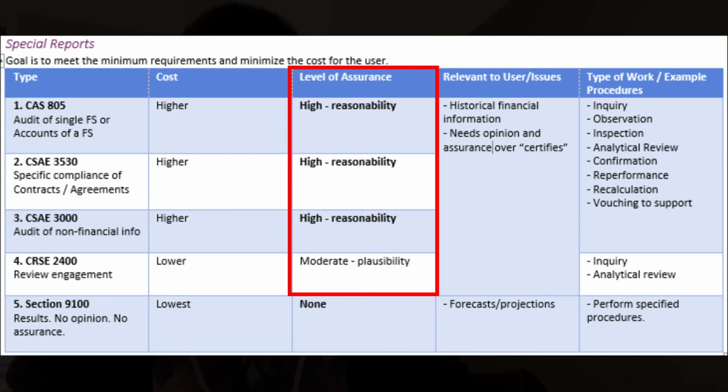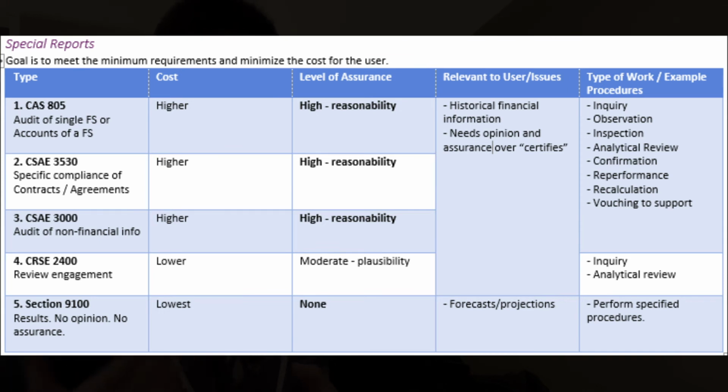For reasonability, the cost is higher. The advantage of plausibility is that it requires less time, less energy, and less cost, and less testing and work is required. For reasonability, the advantage is that you provide more comfort and confidence for the intended users of the FS. Therefore, for example, let's say a bank, there's less collateral for the loan, less interest rate for the loan.